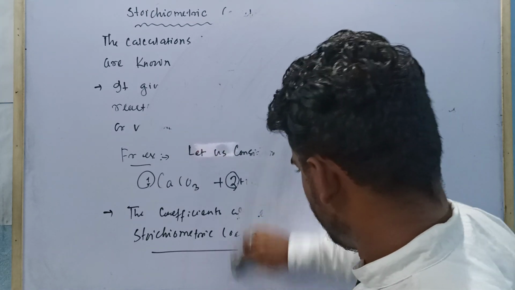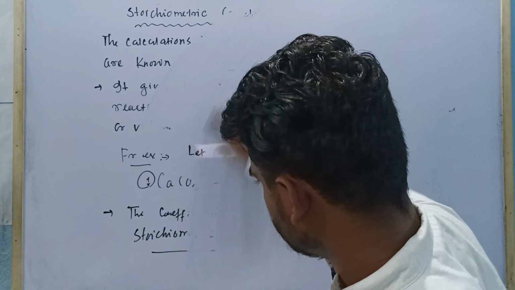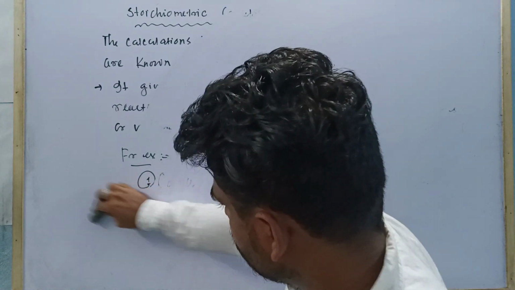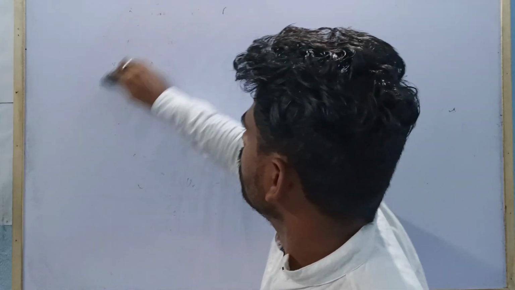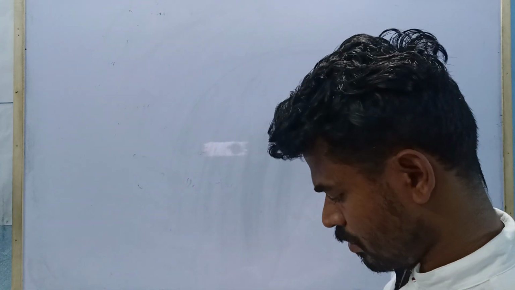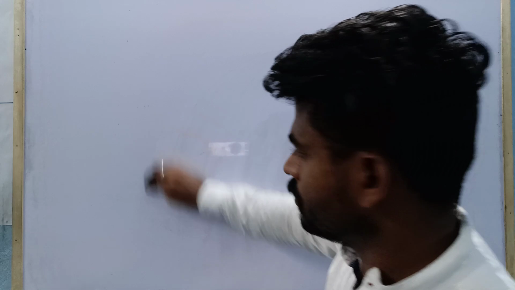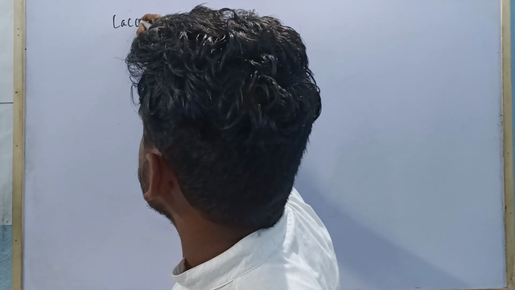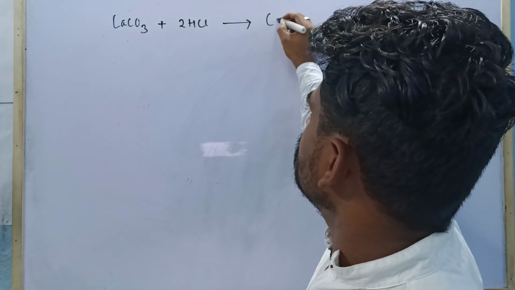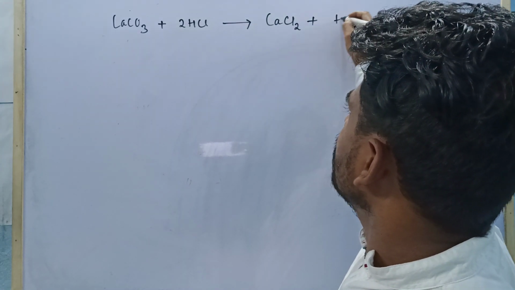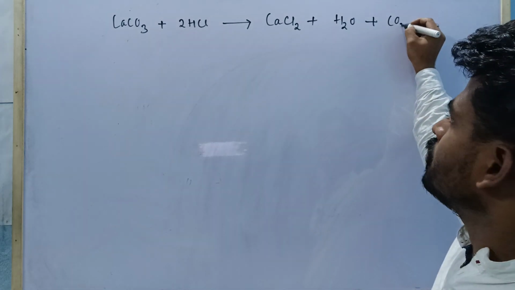So again, if I consider this reaction particularly, that is what I have written, that equation: calcium carbonate plus 2HCl giving rise to CaCl2 plus H2O plus CO2.